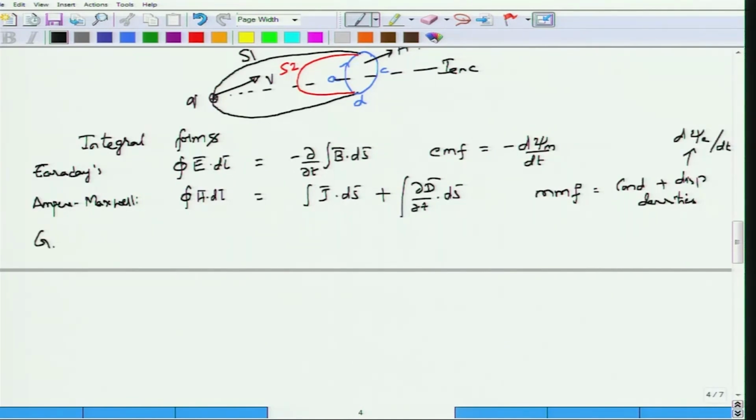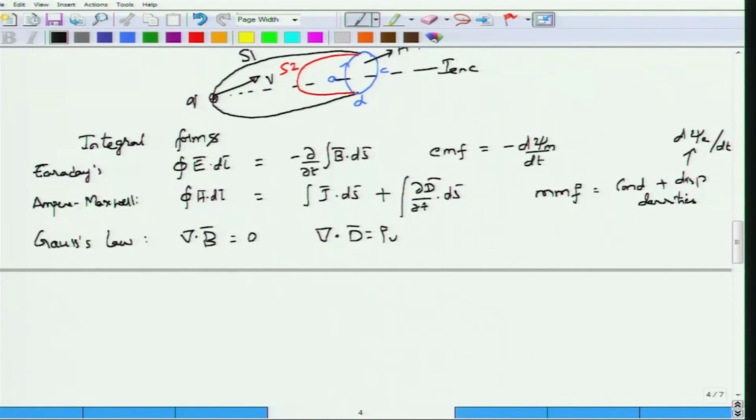Okay. We have two laws which are divergence based, and these are called Gauss's law. Okay. One for electric fields and one for magnetic fields. So for the magnetic field, del dot B is equal to 0, and for electric field, del dot D is equal to charge distribution rho v, right. Of course, the conventional way of thinking about del dot B equal to 0 is that there cannot be any single magnetic charges.